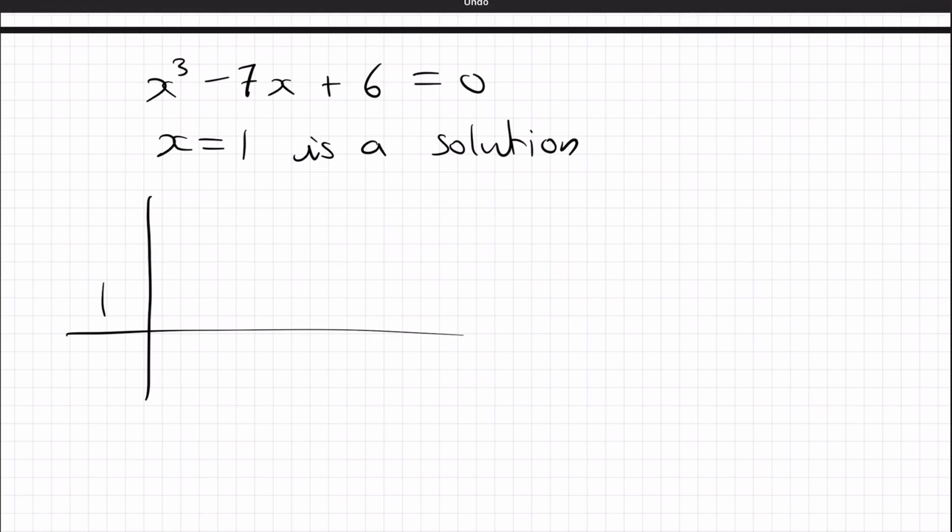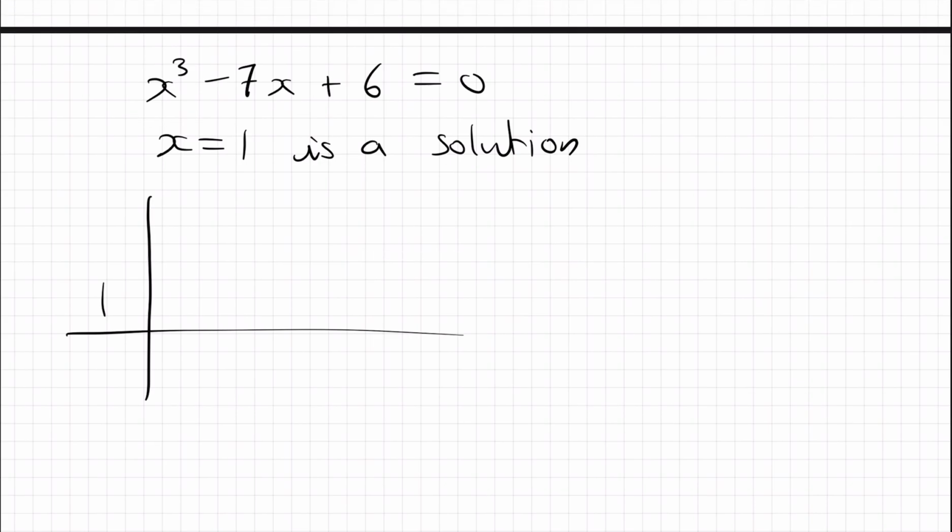We need to make sure we have all of the coefficients. We also need to include the x squared term, but put a 0 in front of it because it doesn't exist in the actual expression. So if we put all the coefficients in here, we get 1, 0, minus 7, and 6.